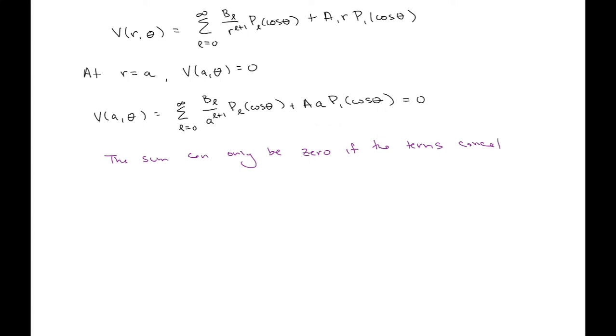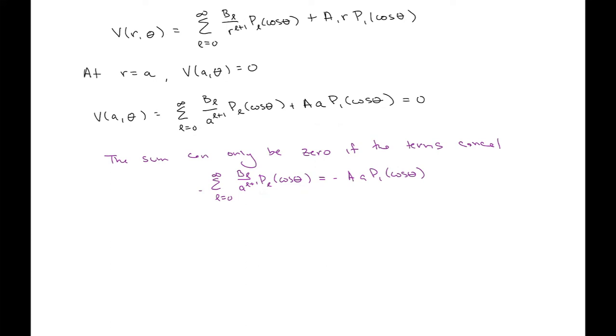That tells me that the term on the left side has to be equal to the negative of the term on the right side. Again, for the same argument, you can't build Legendre polynomials like this one out of a sum of these Legendre polynomials.